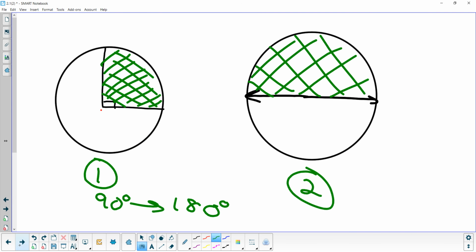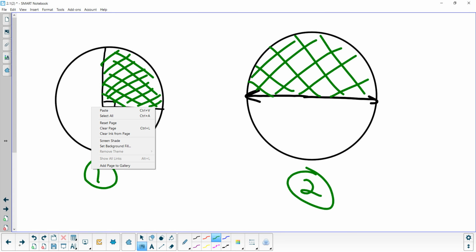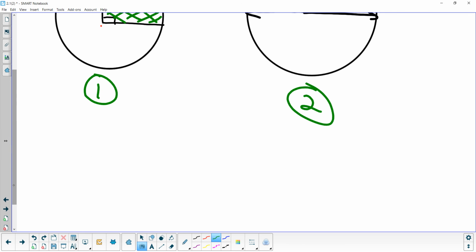So, let's go back to these 2 pictures. Then I'm even going to extend it a little bit. How much of the circle was shaded in here? Quarter. So let's make a little chart. Angle. Area.